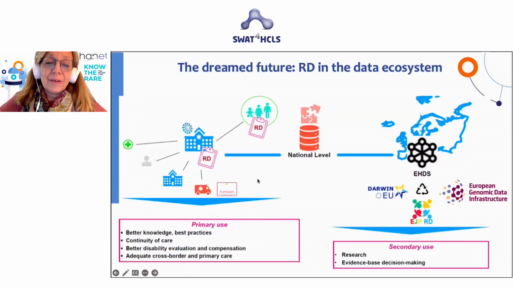So ideally, and that is a pan-European consensus recommendation, we need to achieve a seamless ecosystem in rare disease data. Ideally, each patient will have their diagnosis codified properly, so that we accurately and unambiguously identify the diagnosis of the patient.